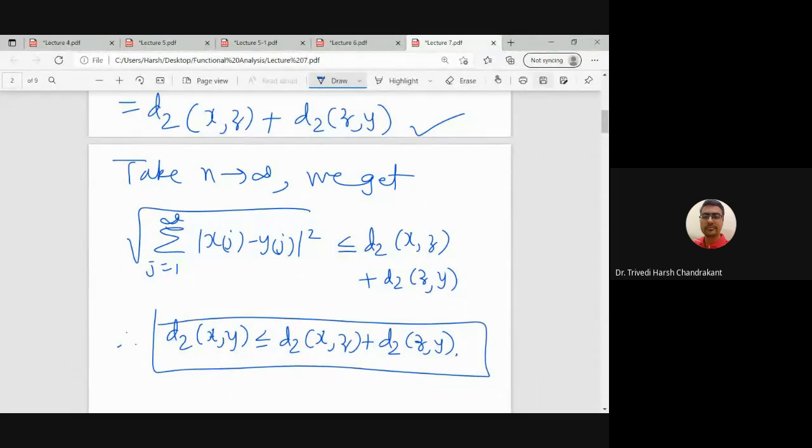So we have verified the triangle inequality for the L2 space.